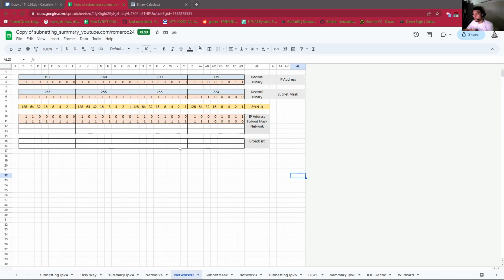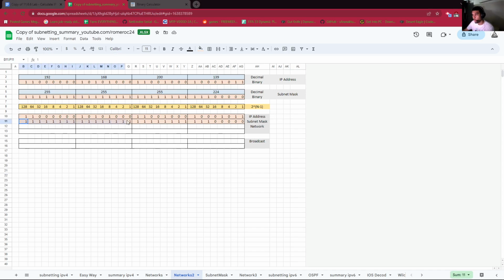After pasting, what we need to do is multiply both of them, the IP address and the subnet mask. We know that whatever is multiplied with 1 gives the same answer as the top, so we just copy it here, and everything multiplied with 0 becomes 0.